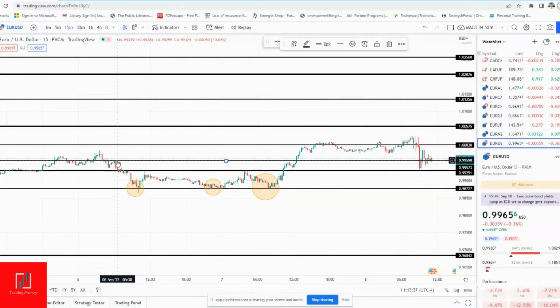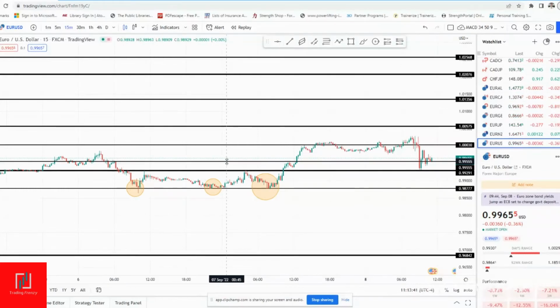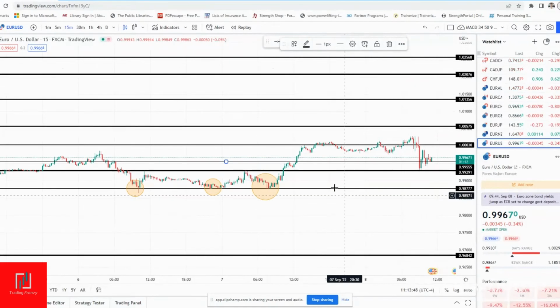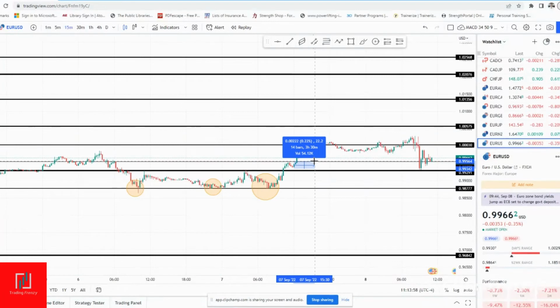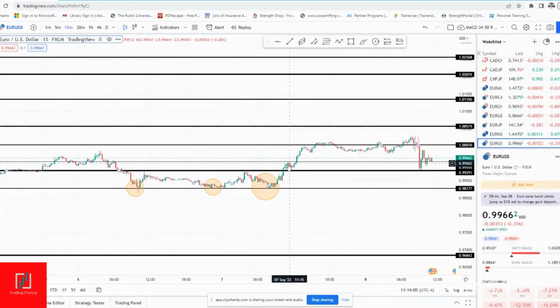That will be your next area of resistance. Okay. And if we were to look, I'm going to put this down a little bit smaller to show the 15-minute. If we were to take that trade, another 22 pip profit. Now it broke through, yet again, that area.